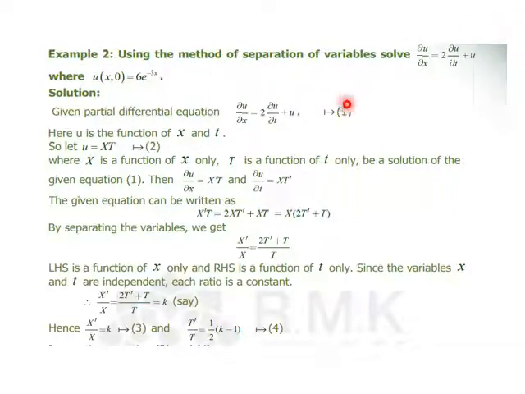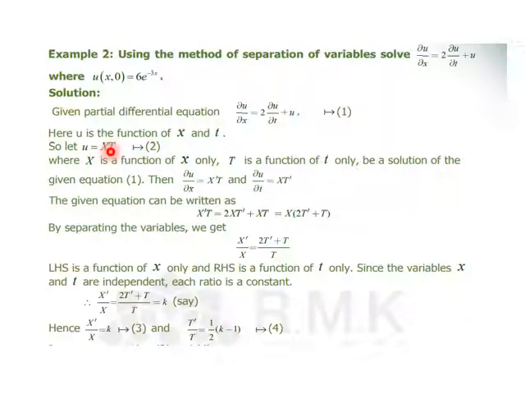So let us consider this equation and solve it, taking u as a function of x and t, u equal to X T, where capital X denotes a function of x alone and T is a function of t only. Let us differentiate partially with respect to x first and then with respect to t.